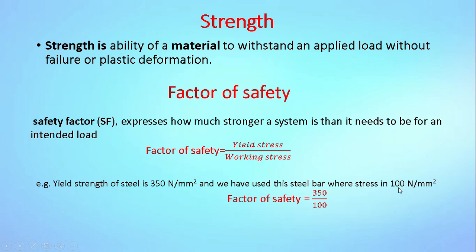Means the maximum load is 100 Newton per mm square, but we have used a material having yield strength 350 Newton per mm square. So factor of safety is yield stress divided by working stress, 350 divided by 100, so here factor of safety is 3.5. So the meaning of this is the material can handle 3.5 times the intended load.